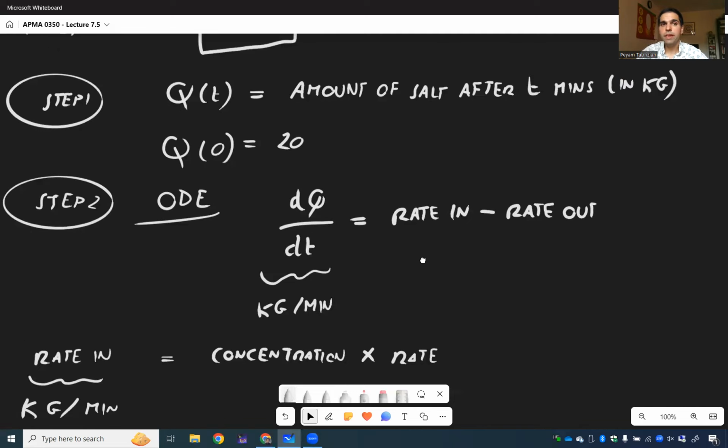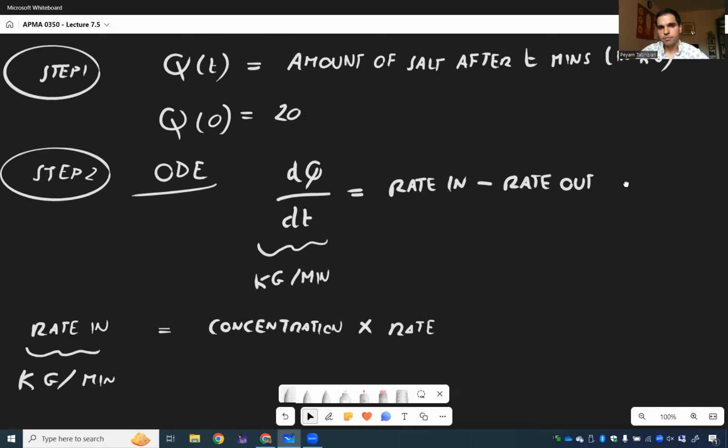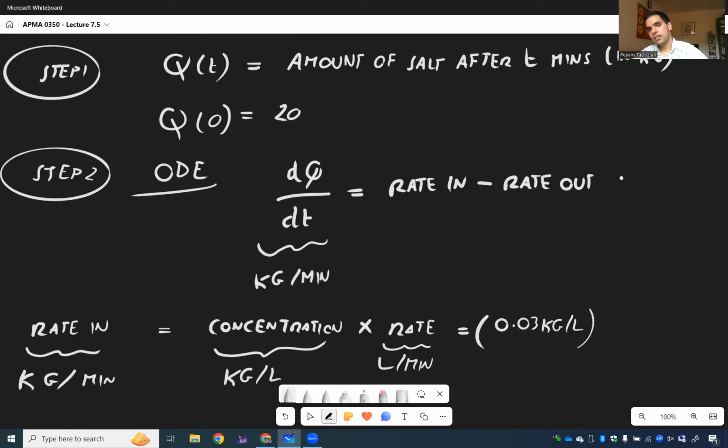Literally in the picture above, it's 0.03 kilograms per liter times the rate of 10 liters per minute. In this problem, the units can really help. Kilograms per liter times liters per minute, that becomes 0.03 times 10, which is 0.3 kilograms per minute. So that's one part of the equation.